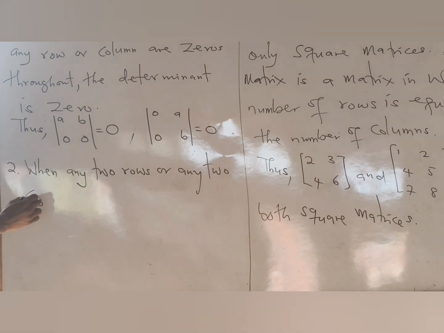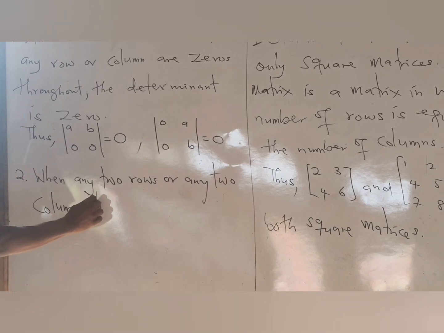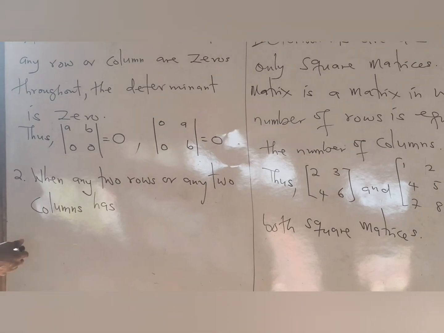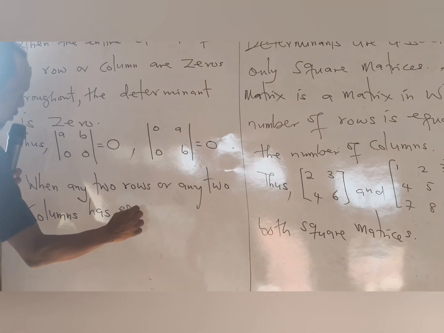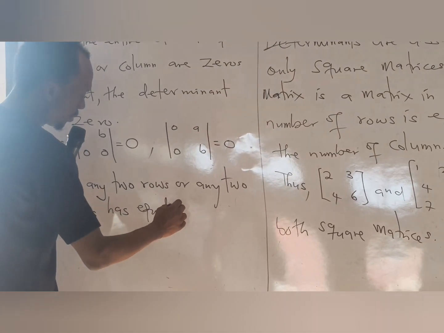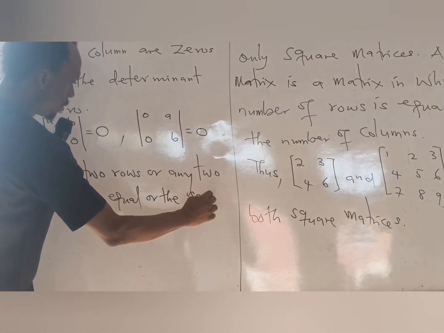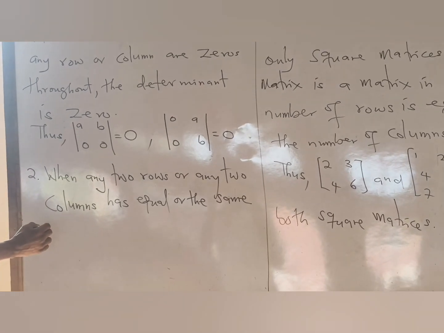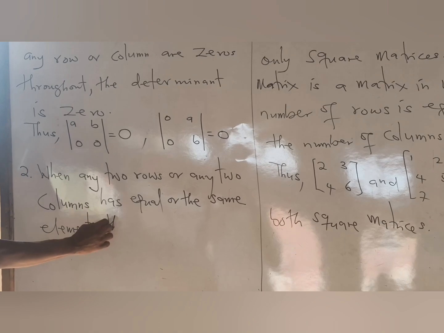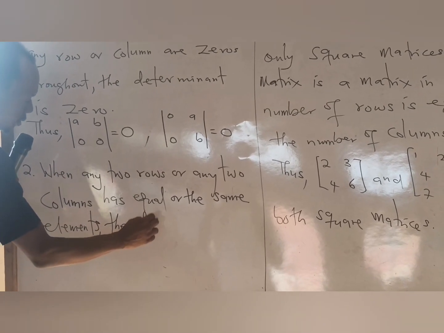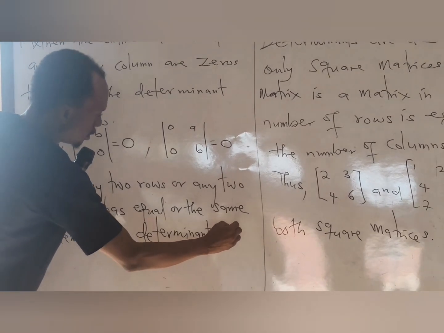Two columns has equal, or you say the determinant is 0.